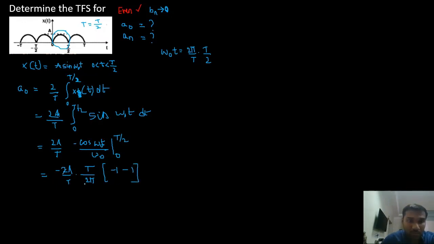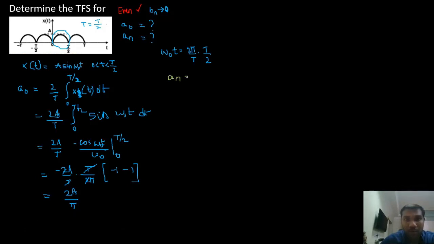So the 2 gets cancelled, and this is minus 2. Minus 2 into minus is plus 2. So 2A, the T gets cancelled, divided by pi. That is my a naught. Likewise we'll find an. Let us find an.